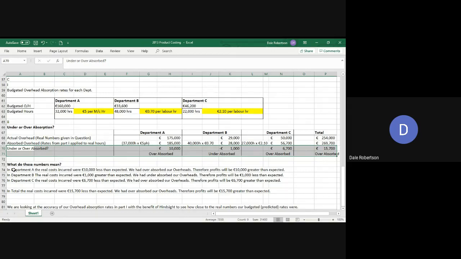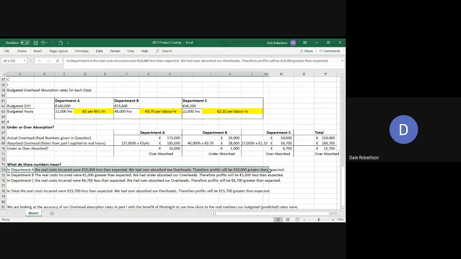Well, if you read this sentence down here, what it means is in Department A, the real costs incurred were 10,000 less than expected. We had overabsorbed our overheads. Therefore, the profits are going to be 10,000 greater than expected. So it's a happy situation when you overabsorb, really, because you're better than you were expecting to be.